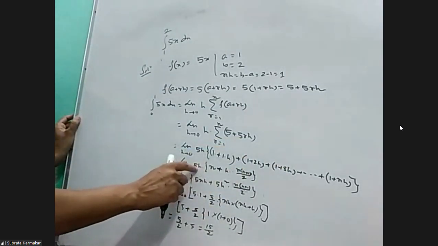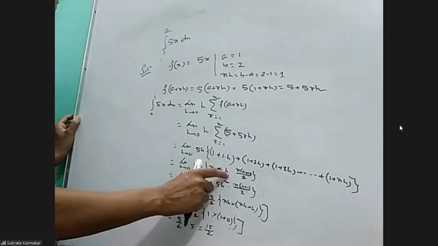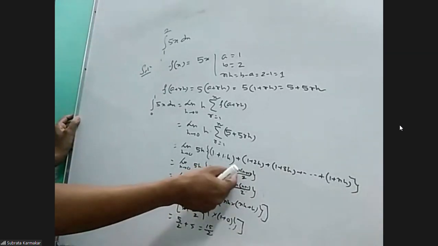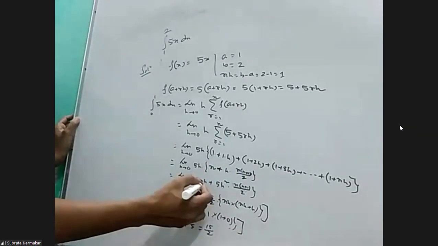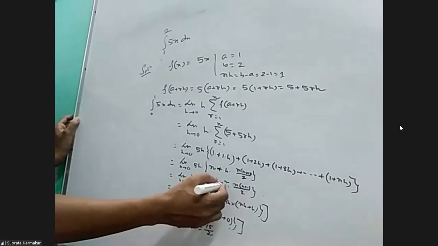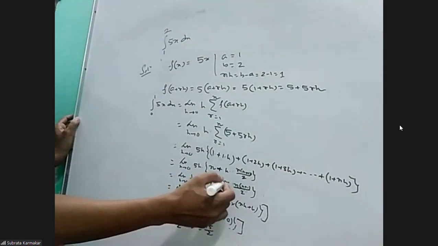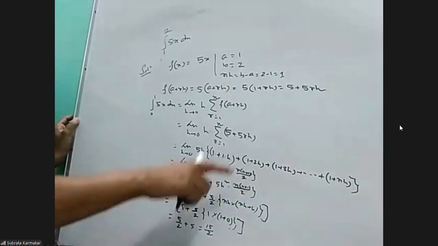Then outside 5h if you multiply, 5nh, and the second part 5h square into the bracket, or directly you can write n into n plus 1 by 2. Then this first part nh 1, 5 into 1. Second part h square, one h for outside n, nh, and another h for the bracket part. So nh plus h. That way I have split it.